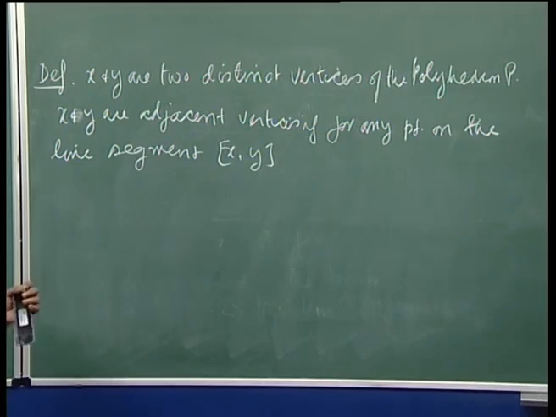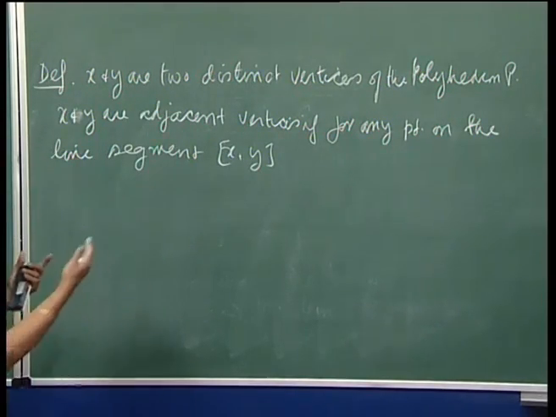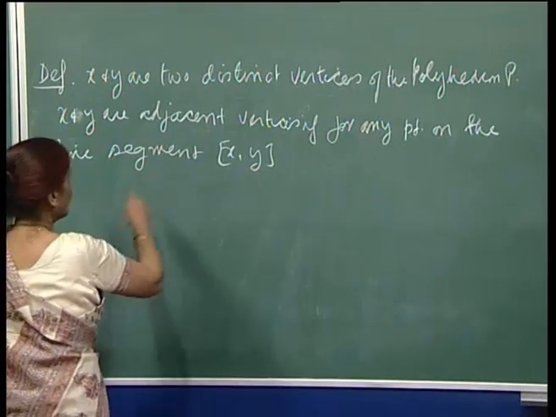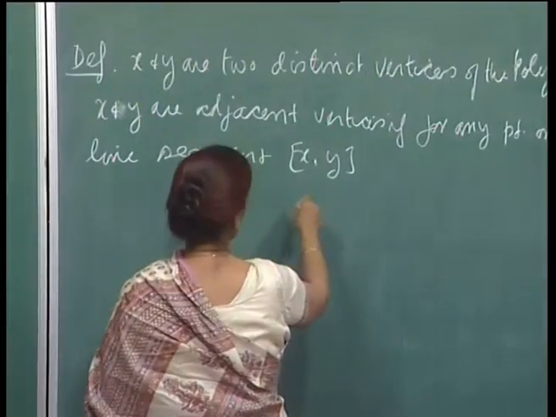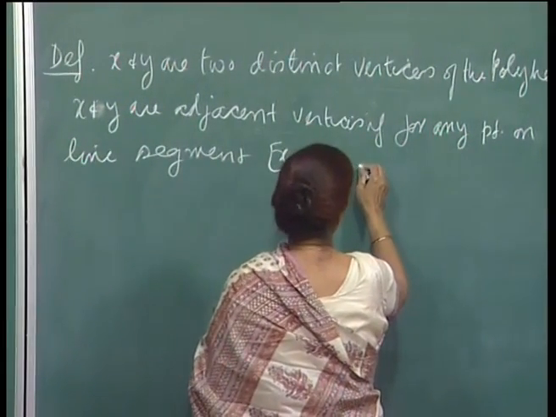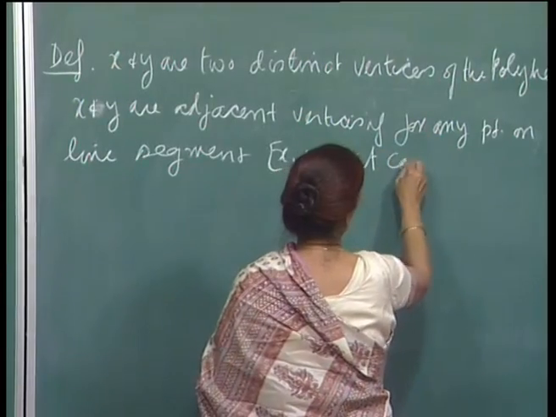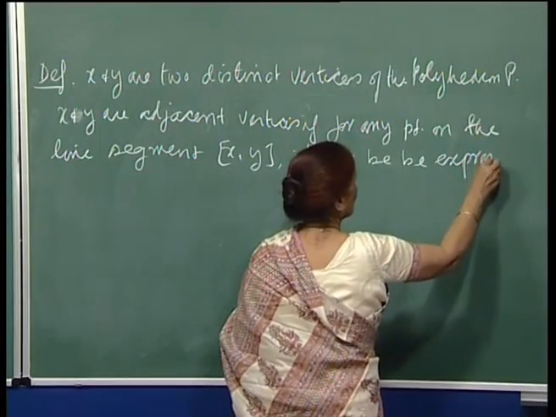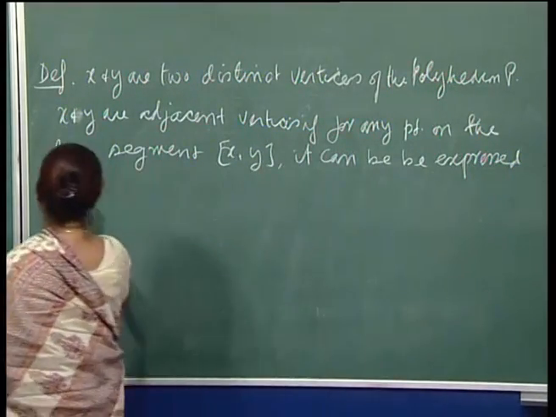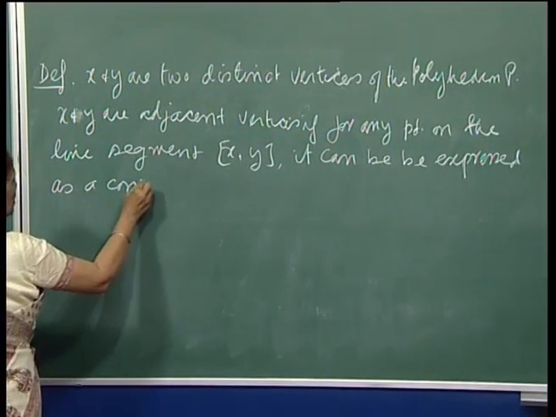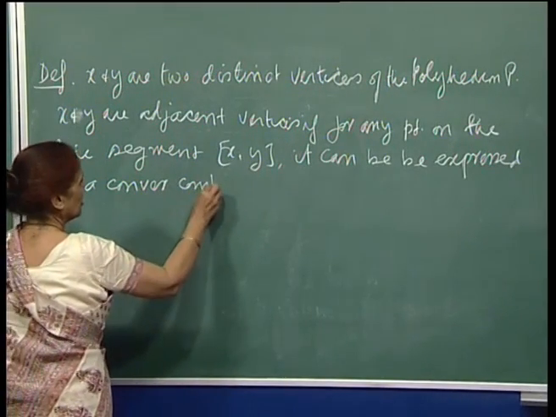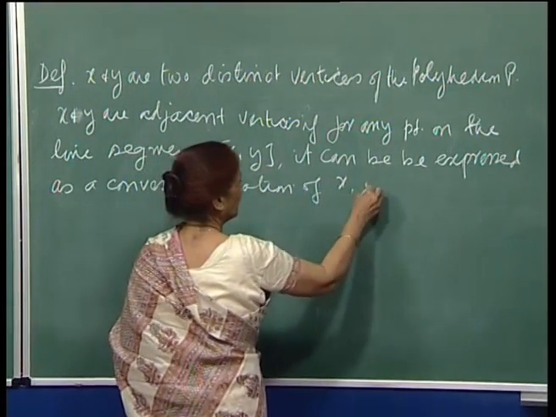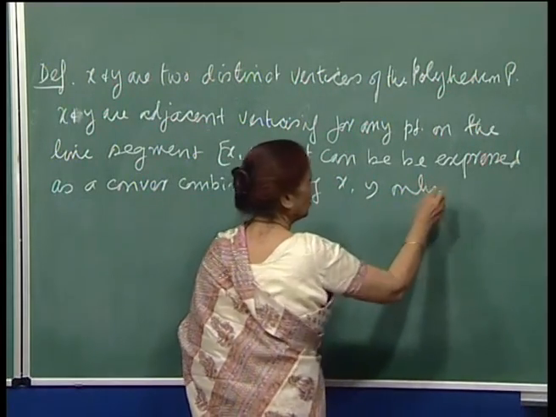So, you have two distinct vertices, you have joined them, and because the polyhedron is a convex set, remember the line will be in the set. So, for any point on the line segment x comma y, it can be expressed as a convex combination of x y only, x y only.